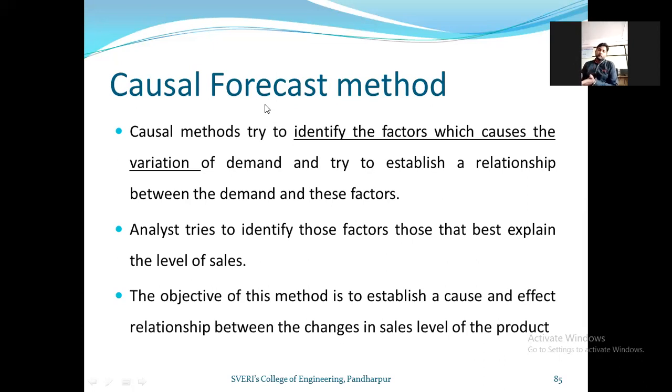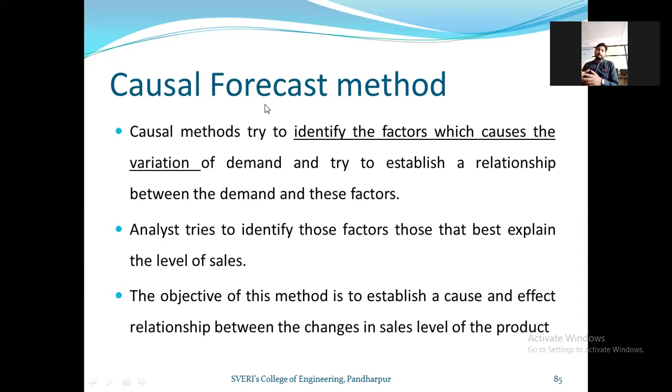Is there any earthquake or drought, and what is the effect of all these parameters on the actual demand of a product? Has another party entered the market with similar products that compete with our company's products, and what is the effect on our product sale? Also the cost effect on the product.